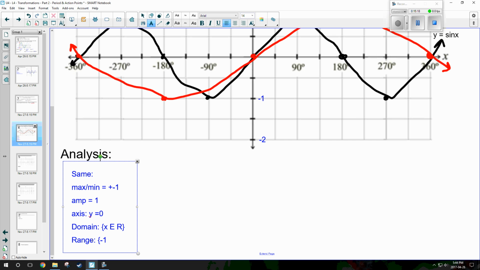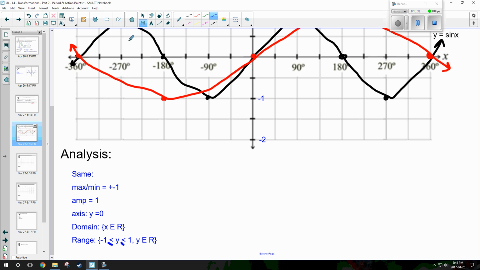So it's between -1 and 1. Otherwise, y is in the reals. Again, don't forget those equal signs in there. So those are all the things that are the same.